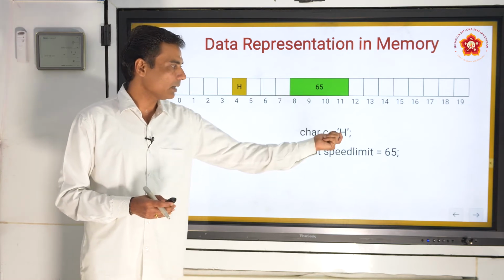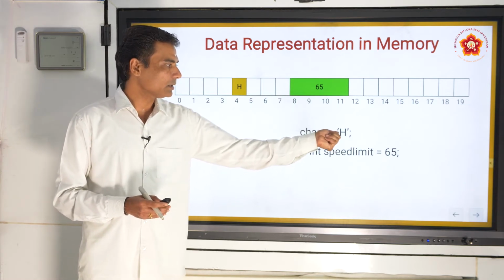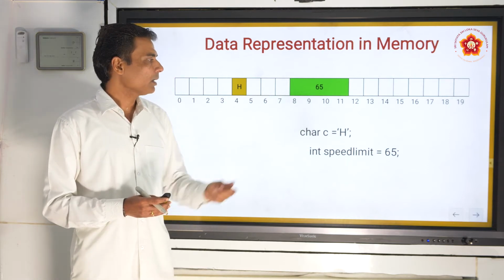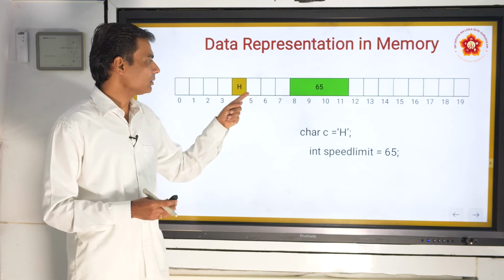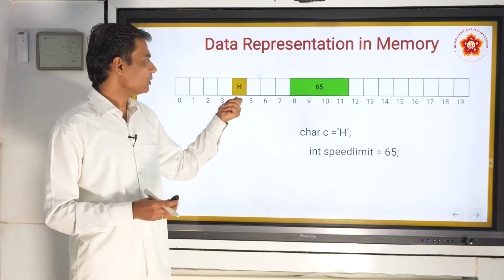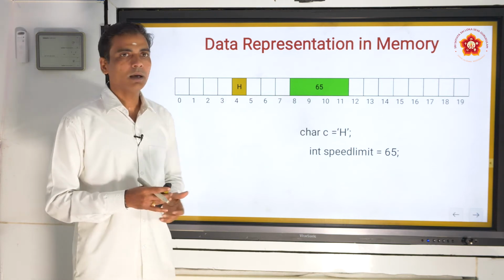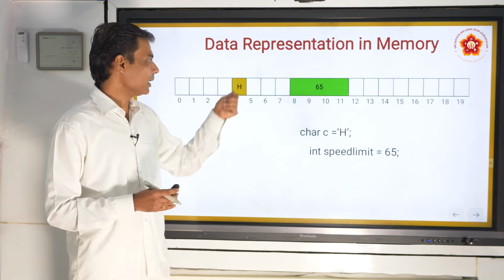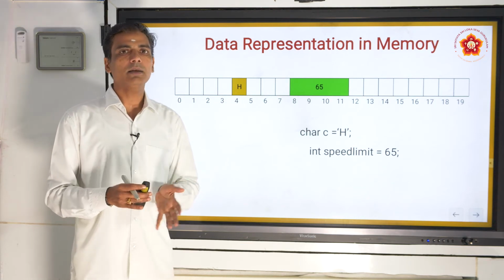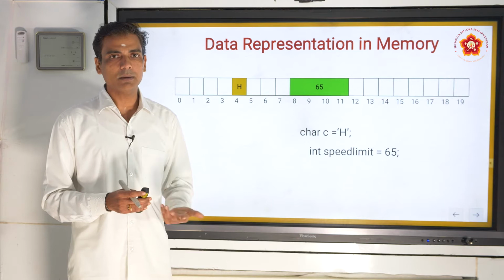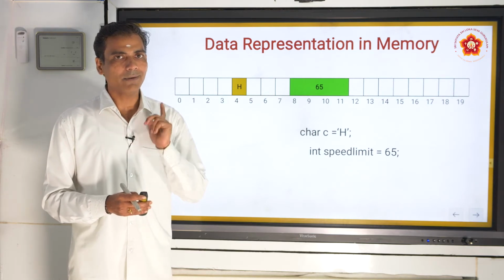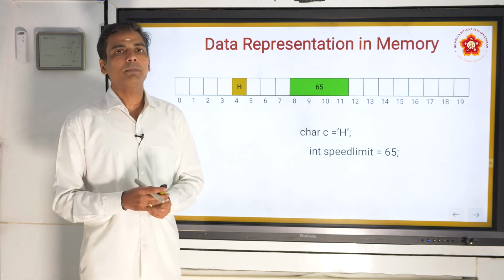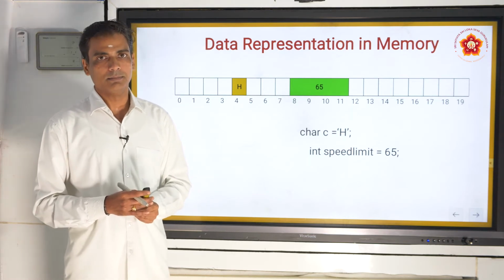That's why we are assigning one character value enclosed in single quotes. Immediately the computer allocates 1 byte to the h. Suppose it is allocated location number 4 here. Which memory cell the computer will allocate to a particular value is not in our control. That depends on the memory allocation system.